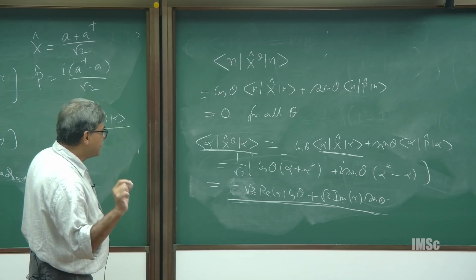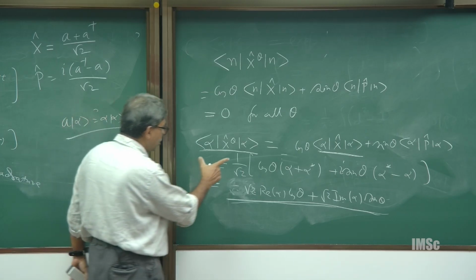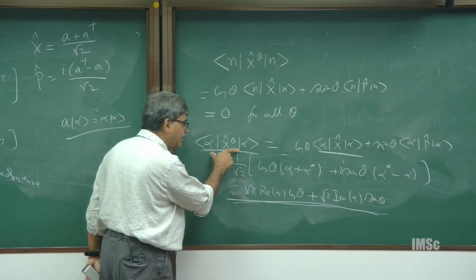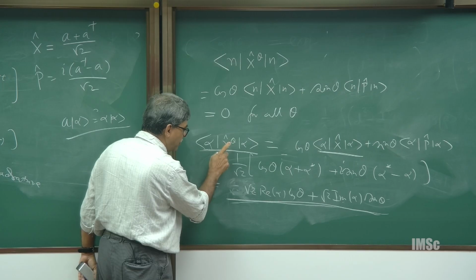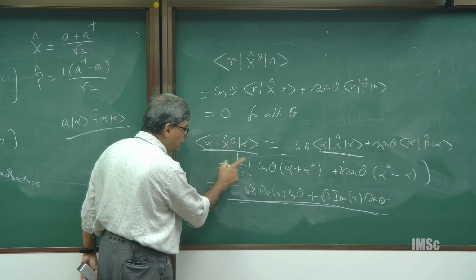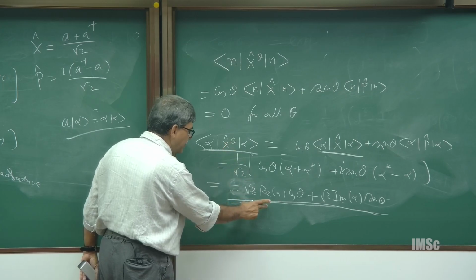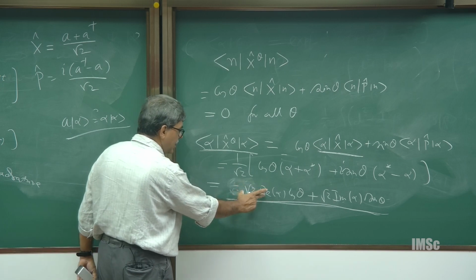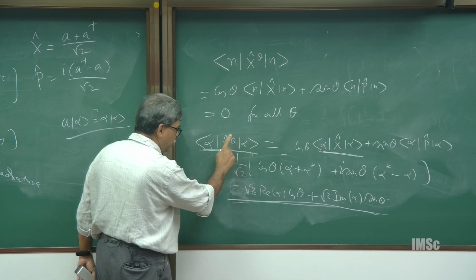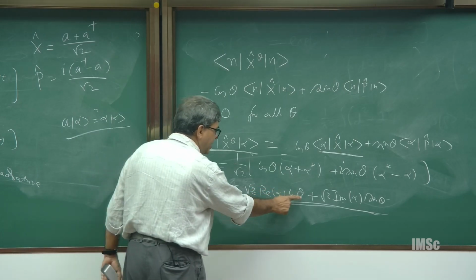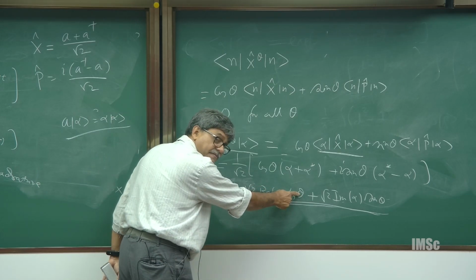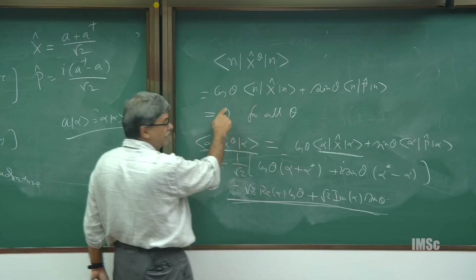So, my point is that with respect to coherent states, if I look at this quadrature observable, its average value captures this fact that you have this angle theta here, okay, unlike this case.